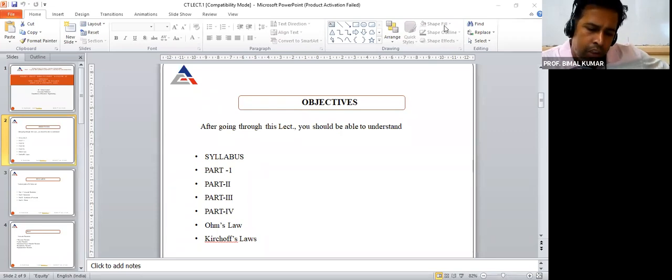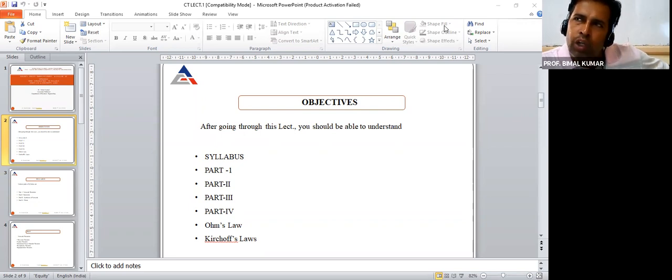So basically in this subject we are having two different parts. One is analysis of the networks and second is synthesis of the network. Analysis means we will find voltage, current, power or energy across any element or across the complete network by the use of different techniques.